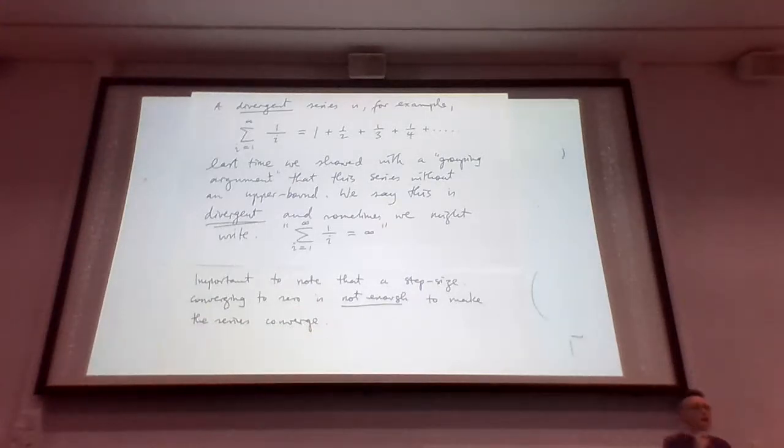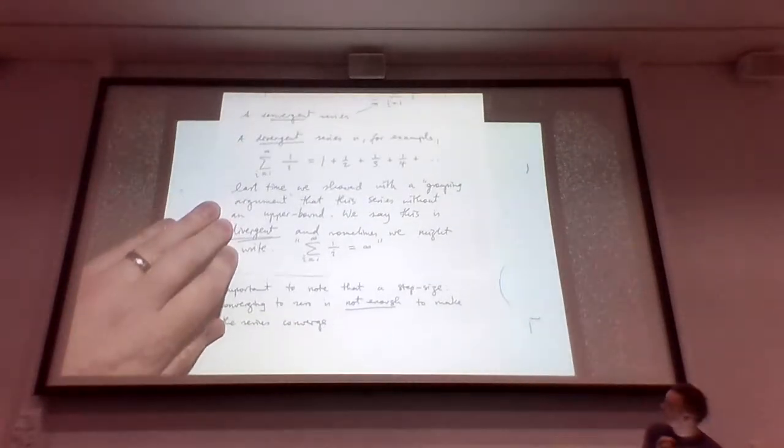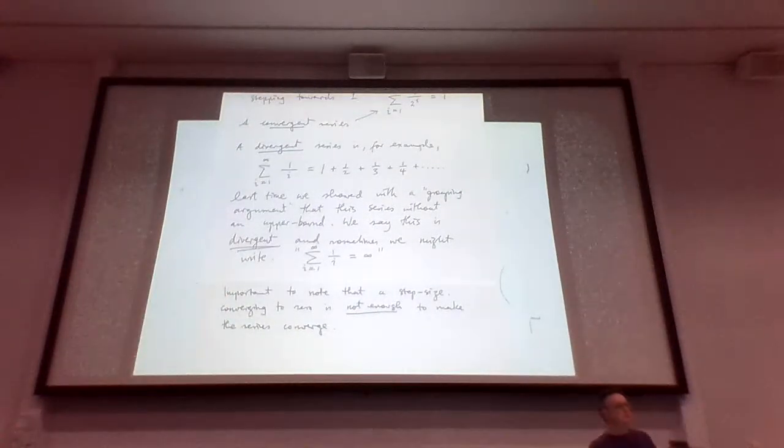Because our harmonic series is an example that shows that. Its step size is converging to 0, but yet we saw last time that the harmonic series doesn't converge. Any questions? Any remaining questions about those 2 examples that are getting us started?